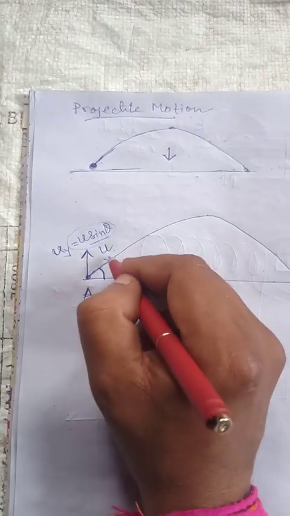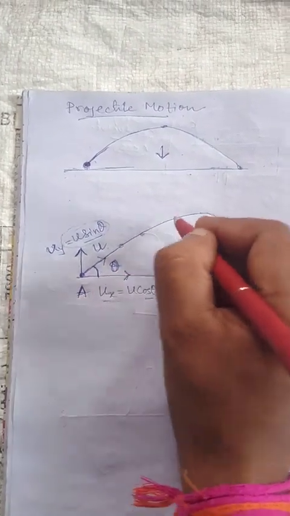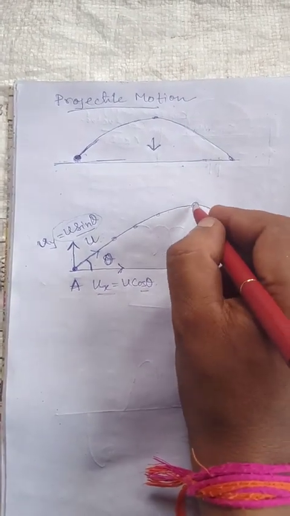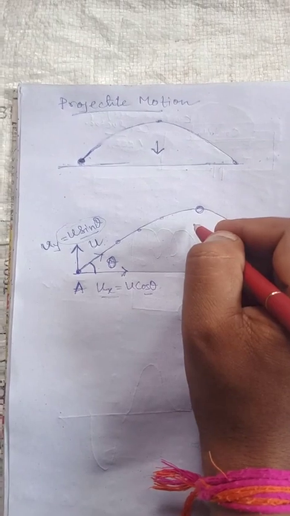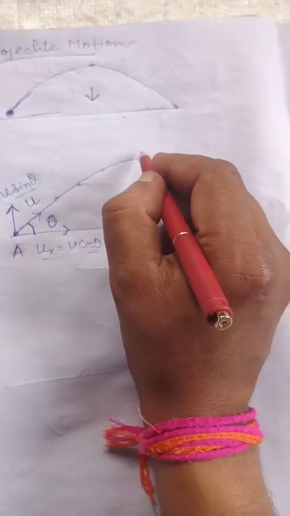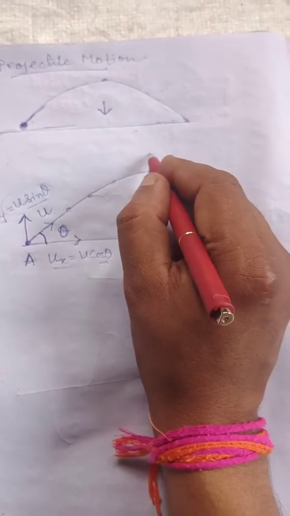Now let us consider that this body moves in that direction and reaches maximum height. At the maximum height, the body does not have any velocity in the upward direction.